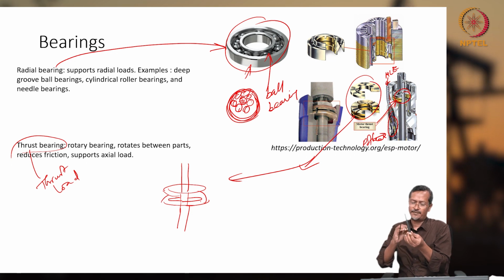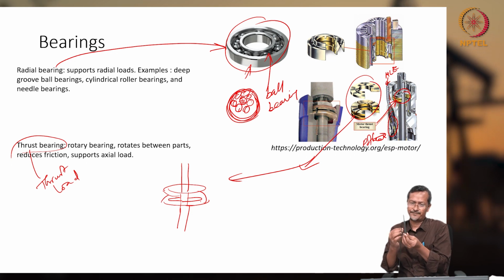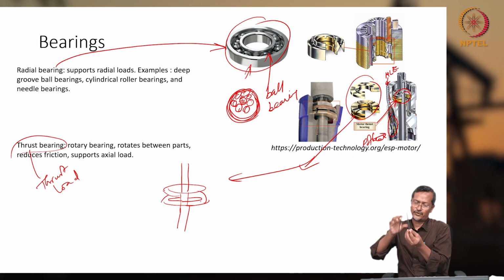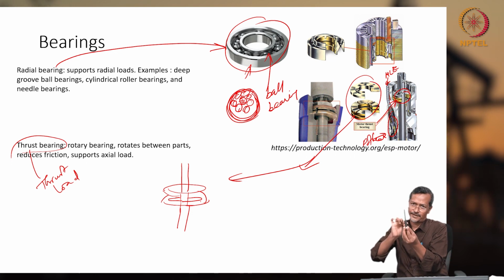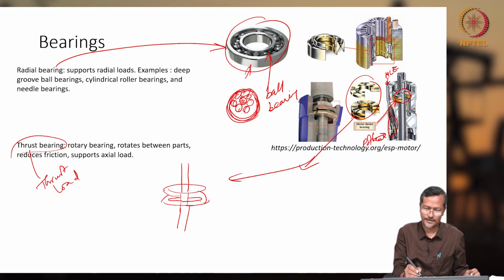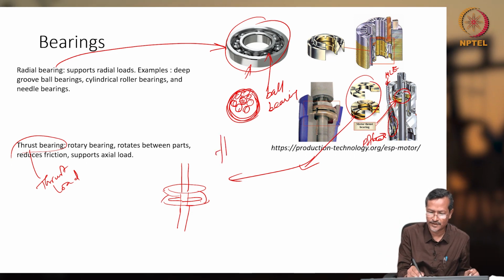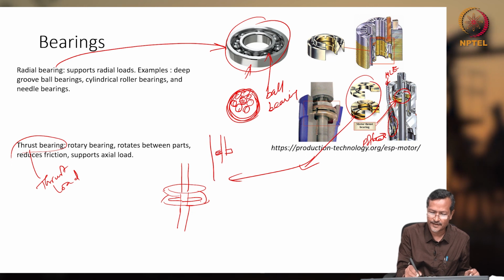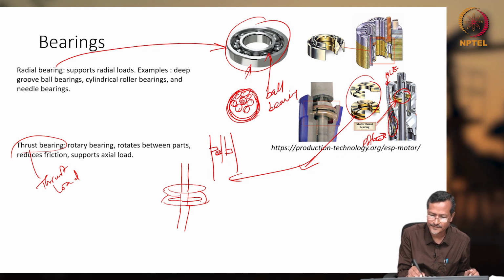So when the shaft is rotating, the runner plate, as they say, will be rotating in between the bottom plate and the top plate. So the shaft will be connected to one runner plate, and I have the casing.